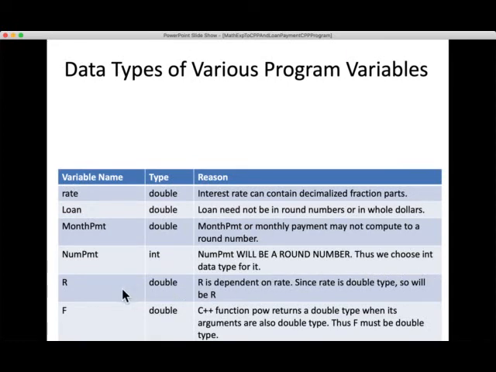All others are double type. R is double type because it's dependent on the rate. Since rate is double type, R will be double type also. F will be double type because the C++ function pow returns a double type when its arguments are also double type, so F must be double type also. Choice of data type is extremely important for program efficiency.